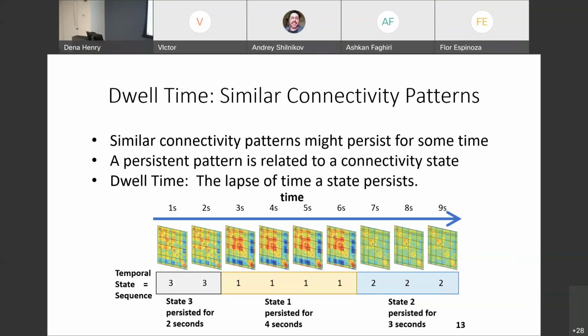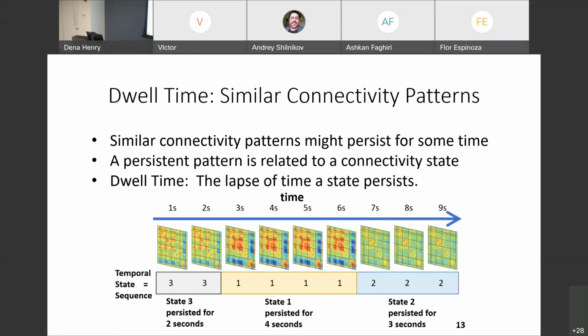In this example, which is just one part of the characteristics we see in dynamic connectivity, I'm just exemplifying that, for example, state 3 lasted for 2 seconds before switching to a different connectivity pattern. And the next connectivity pattern lasted for 4 seconds before switching to a different connectivity pattern that lasted for 3 seconds.